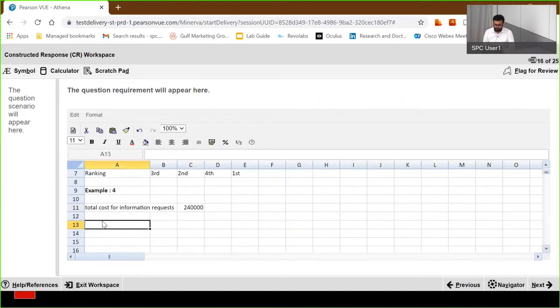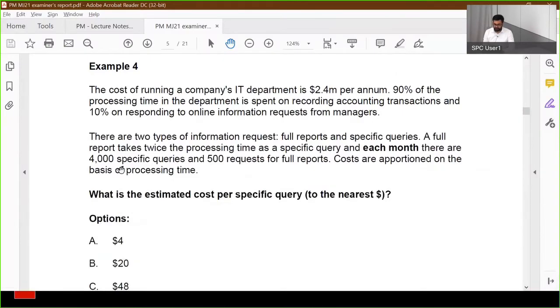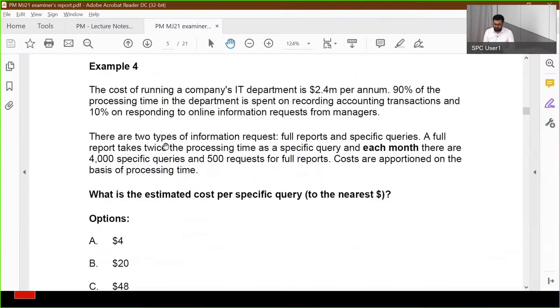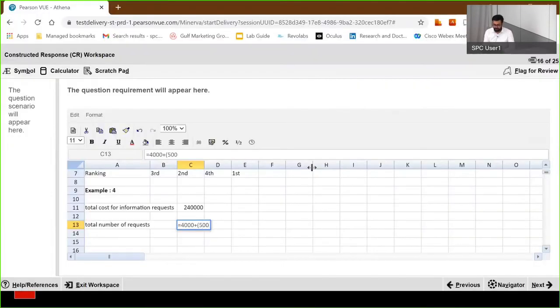And now calculate the total number of requests. When it comes to total number of requests, we have two types of it. The specific requests are given as 4,000, but the other requests, which are for full reports, are only 500, and as each takes twice as much time as the specific queries, we should be multiplying by 2.